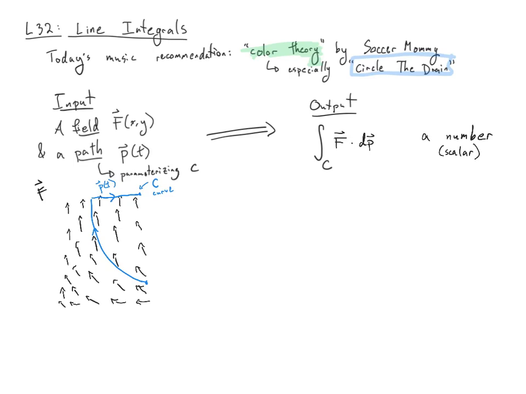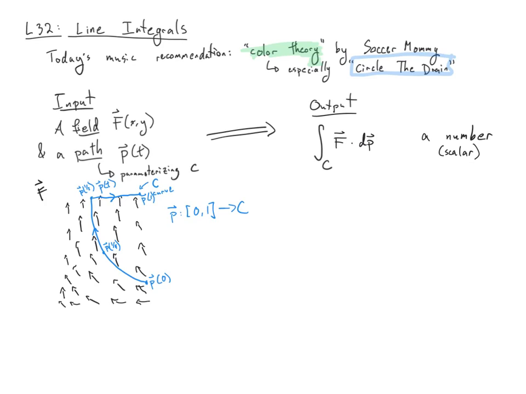And so if you have picked a parameterization, let's say p is mapping from the closed interval 0, 1 to c. So p of 0 is over here, and this right here is p of 1, and all of the points in between are different values. So maybe this corner point here is p of 1/2, and right here is p of 1/4, or something like that, right? But someone has produced a parameterization of this path to walk along it.